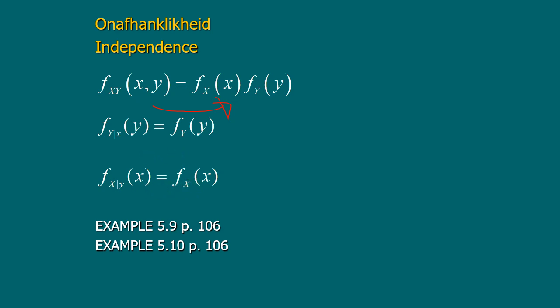So where does this come from? If you remember back to chapter 3, independence. That's one definition. If that's true, they're independent. Also, A given B equal to A is another way of showing something's independent, or B given A equal to B.